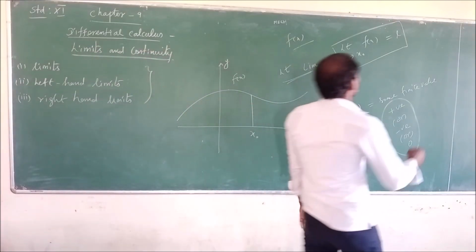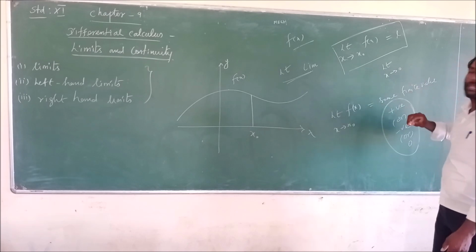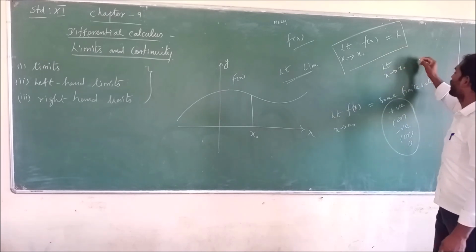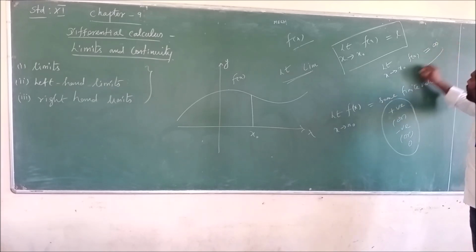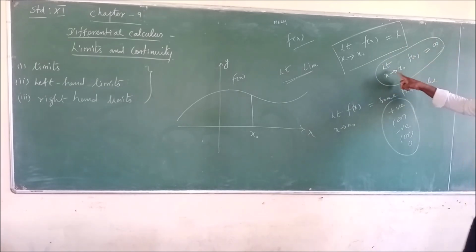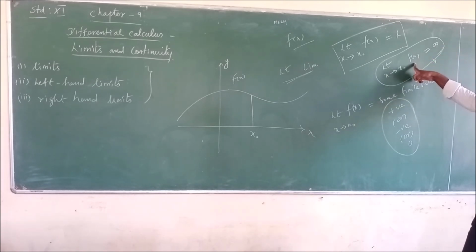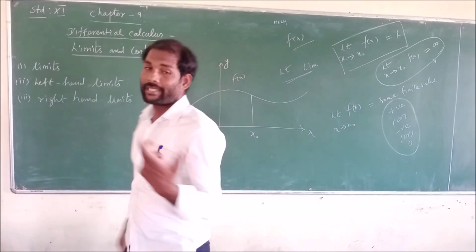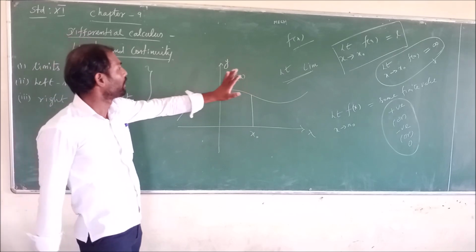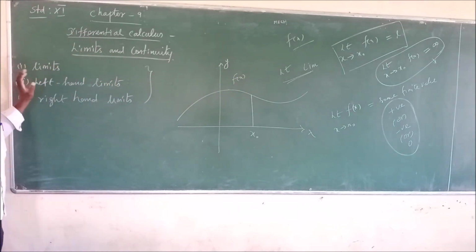If limit x tends to x naught of f of x equals infinity, then the limit does not exist at the point. It is clear that this is the basic definition for limit.